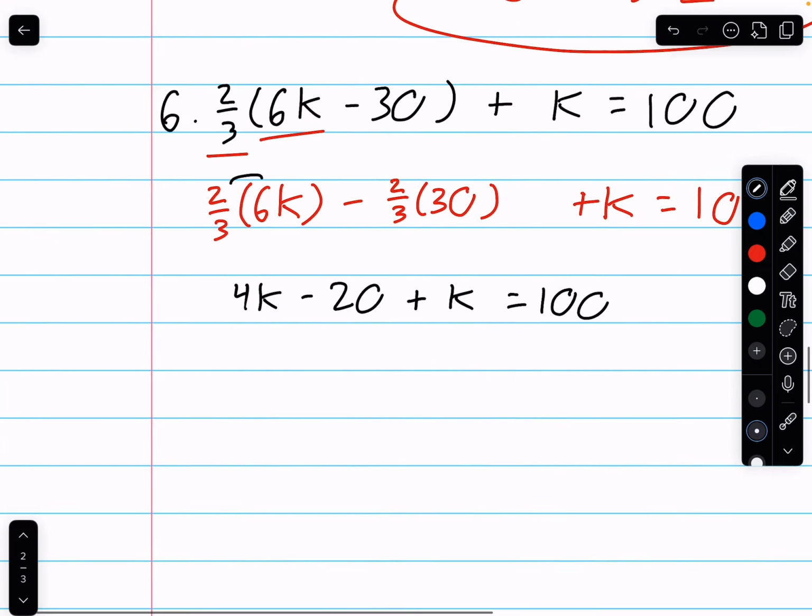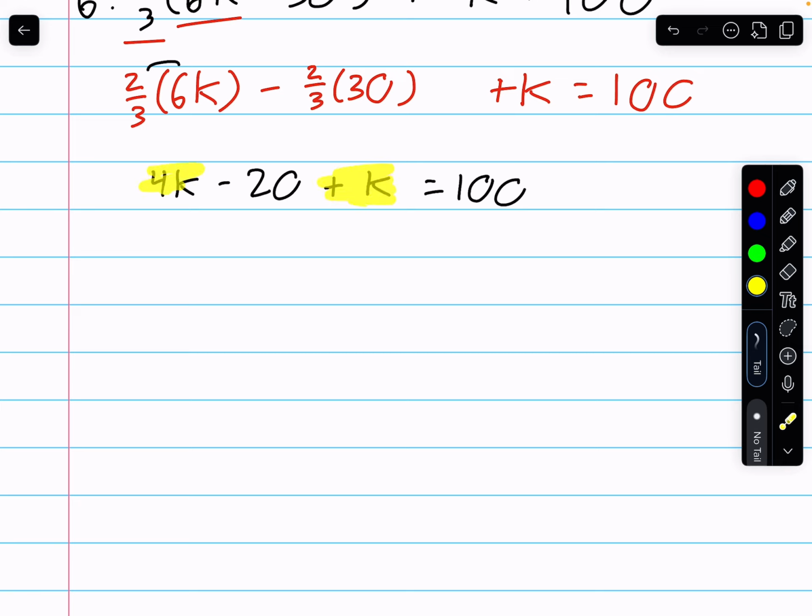I ask you a question. Do I have two things that can go together? And hopefully, you guys see that I have a K here and a K here. Okay, so I'm going to slide a little 1 right here, and I'm going to put them together. I'm going to put 4K plus 1K, and then this minus 20, nothing to do there. That's going to come to the end, and then equals 100.